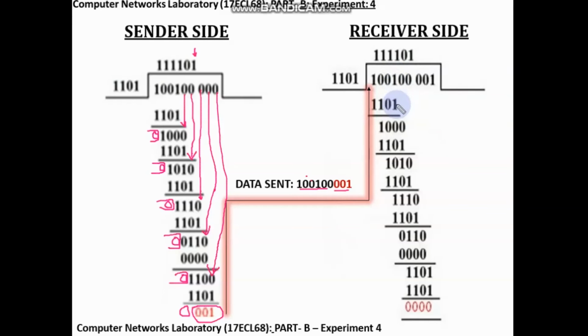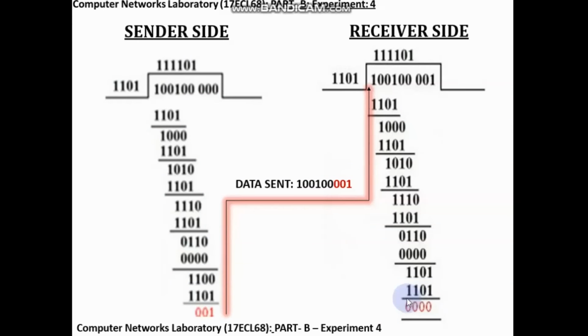1 XOR with 1 is 0, 0 XOR 0 is 0, 0 XOR with 1 is 1, again 1 XOR with 1 will be 0, and this 0 will be discarded, and this one will be taken down for the next step, that is the next division, and the same procedure is followed till we get remainder as 0, all zeros.